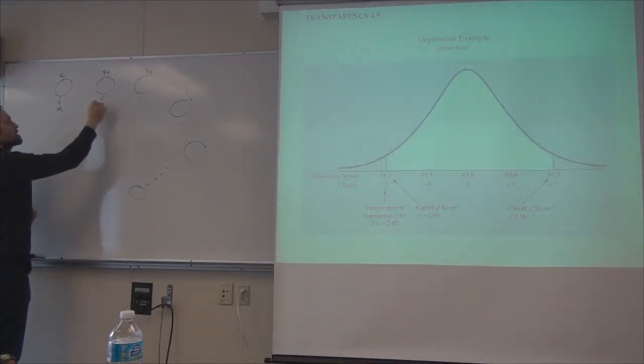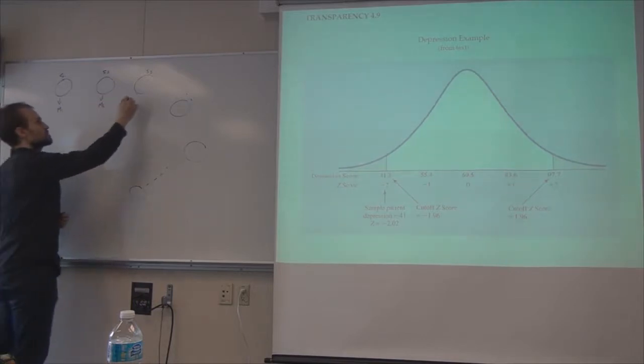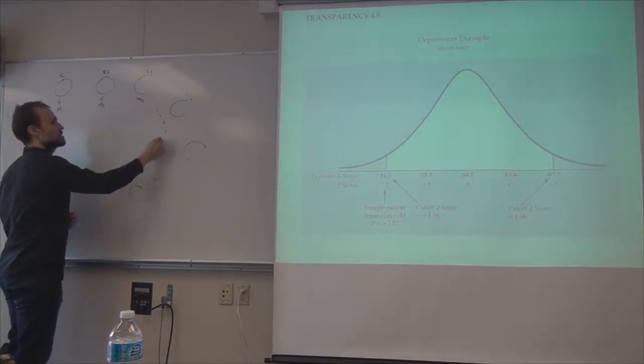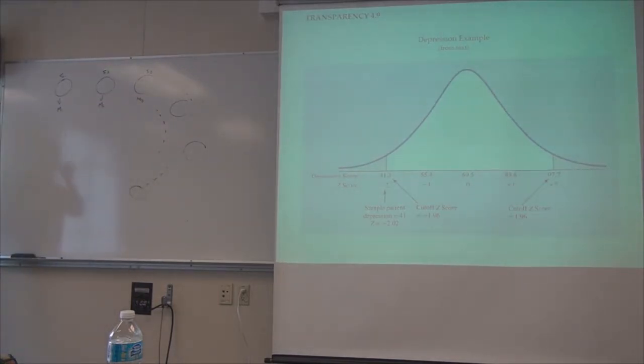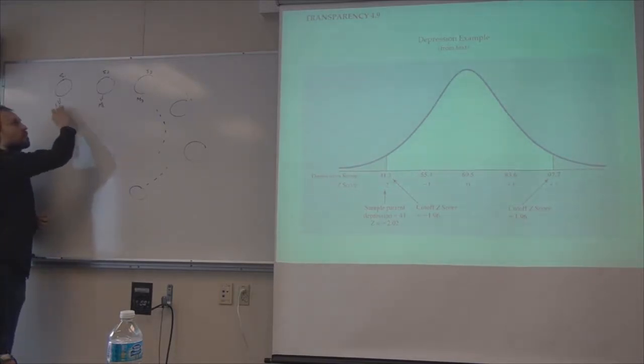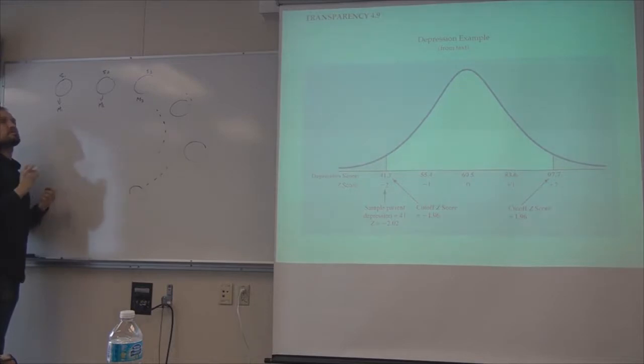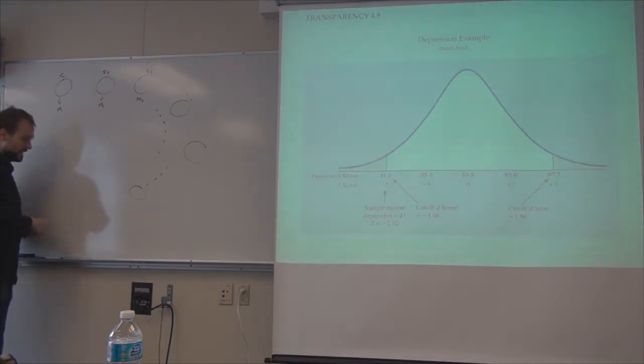From this one, I get a sample mean value, all the way. I need to know how all sample means that are possible are distributed. Which sample mean is likely, which sample mean is not as likely.